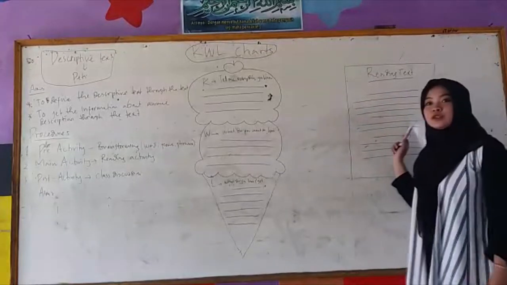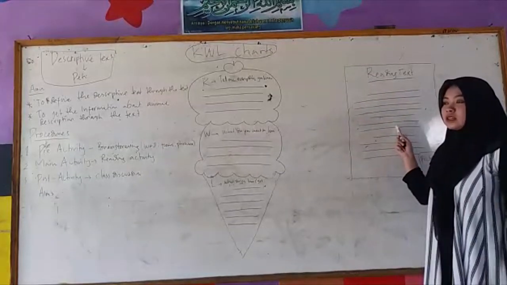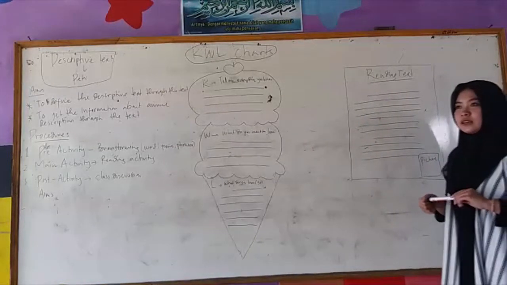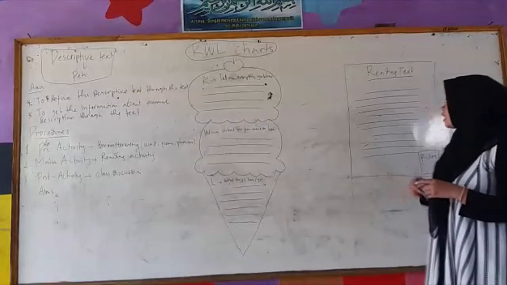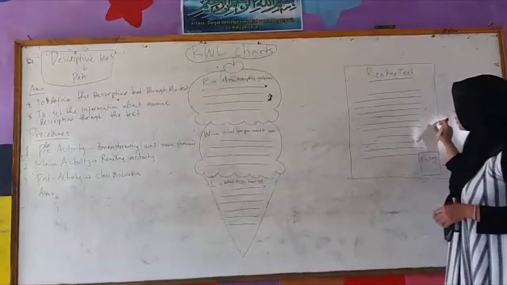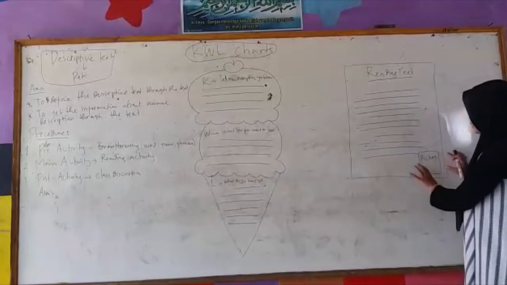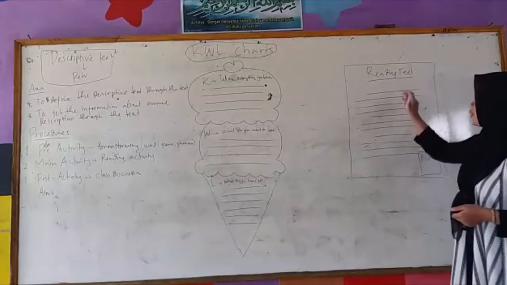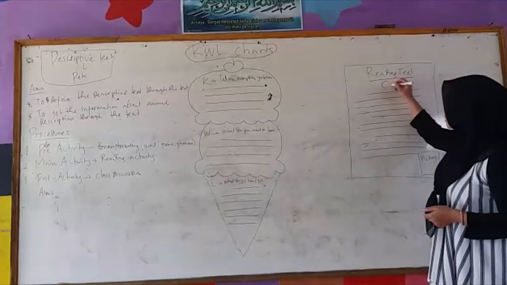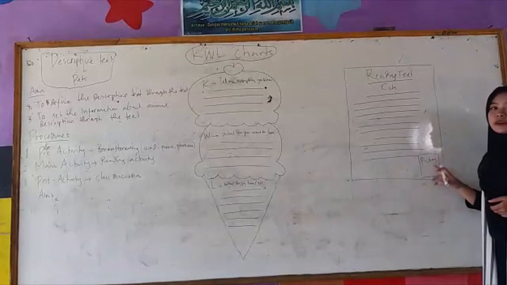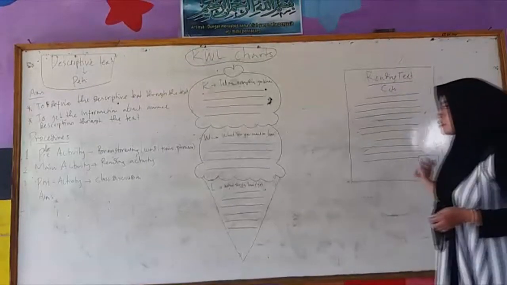So we have to make the reading stacks so interesting. It can make the students enjoy the lesson, and then we can insert pictures. For example, if the reading stack is about cats, so the picture is about cats too.